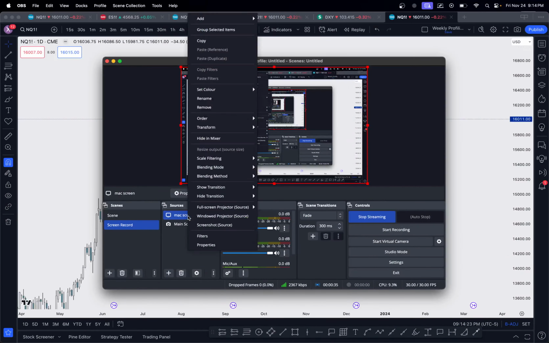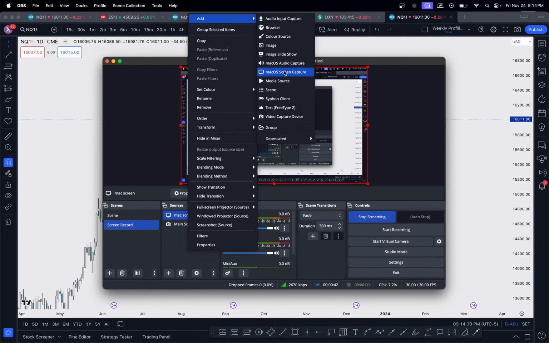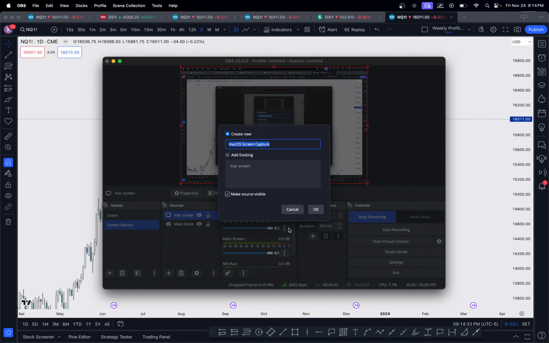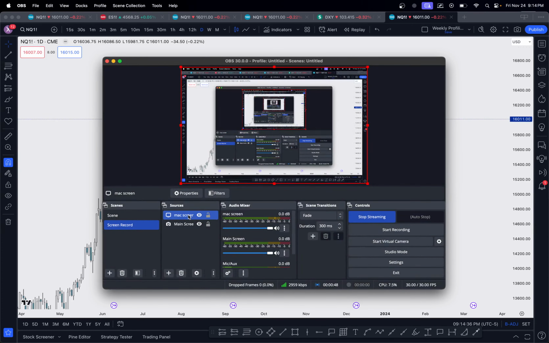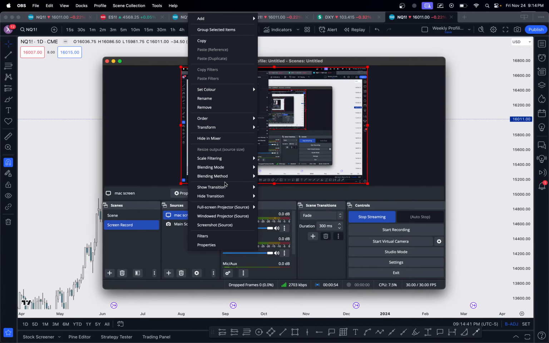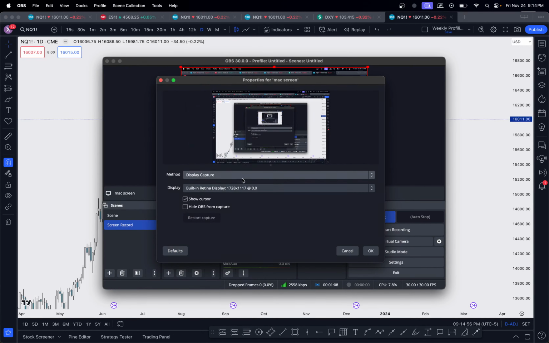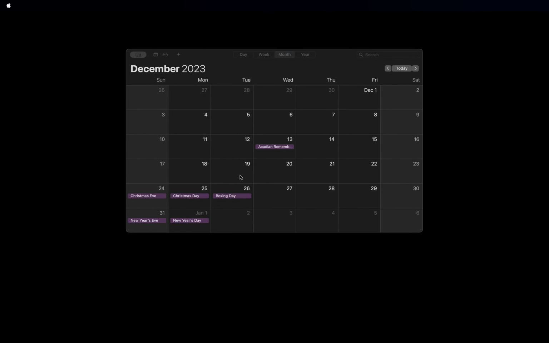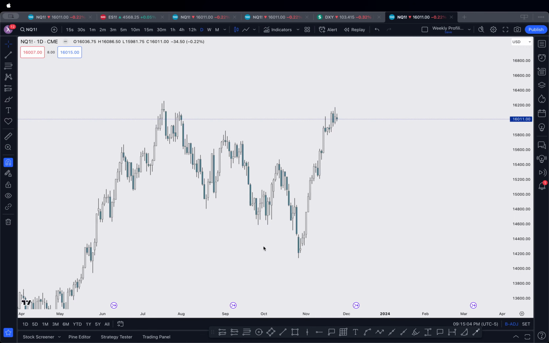Okay, let me make it so that you can see just the chart in case I'm switching between Discord and stuff. There we go.